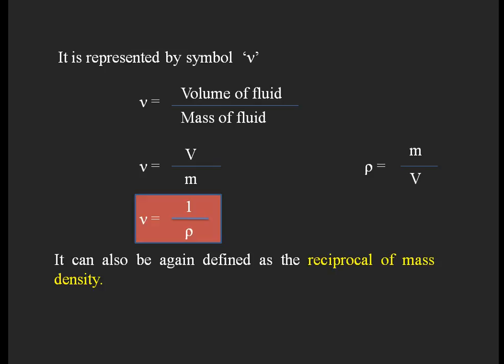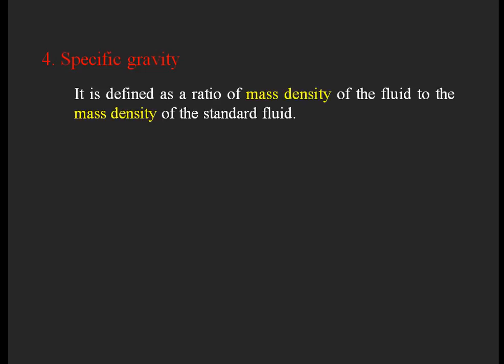Now, these are the three basic properties we have. The next property we are going to discuss is specific gravity. How can we define it? It is defined as the ratio of the mass density of the fluid to the mass density of the standard fluid.